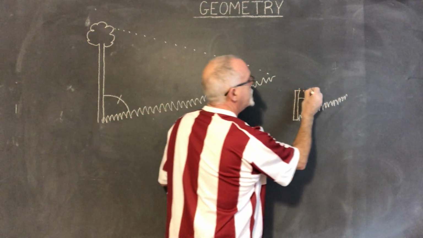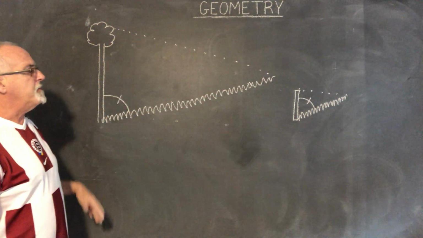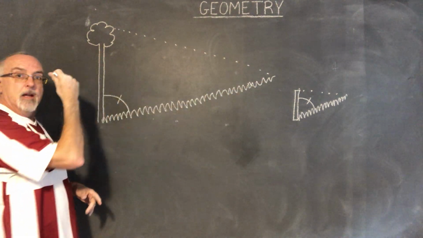And I can do that with both. So I didn't draw them perfectly. The angle of those dotted lines doesn't look the same, but it would be the same in a real yardstick sticking out of the ground, tree sticking out of the ground situation.